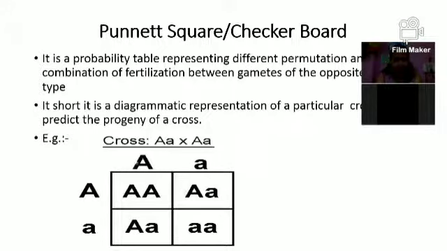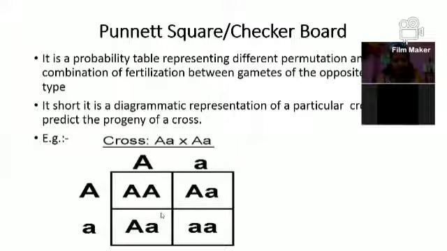Here we get the probability prediction regarding the cross: what type of phenotypic ratio and genotypic ratio we are getting. The probability for the combination of fertilization between the gametes can be easily known by using the square or checkerboard.